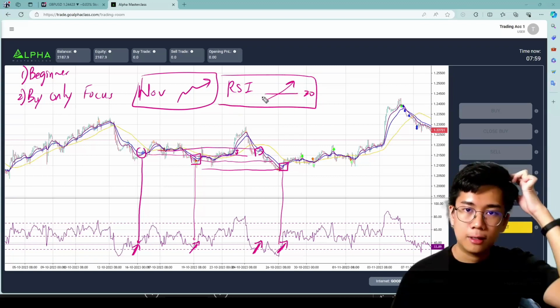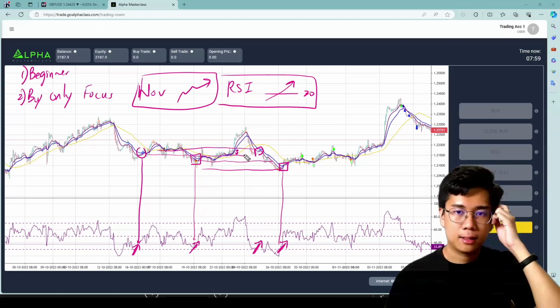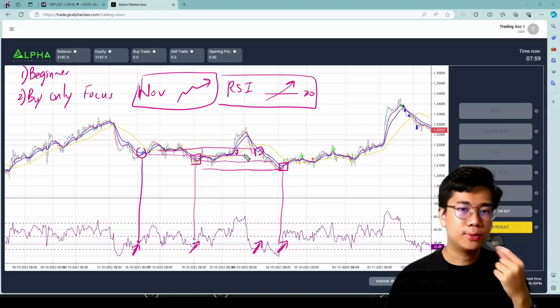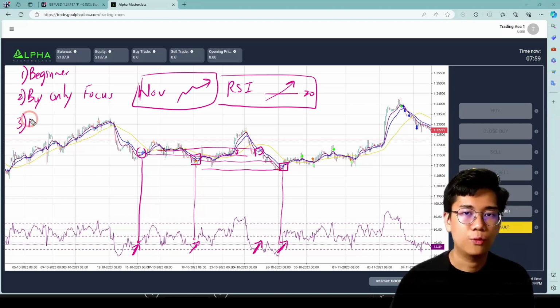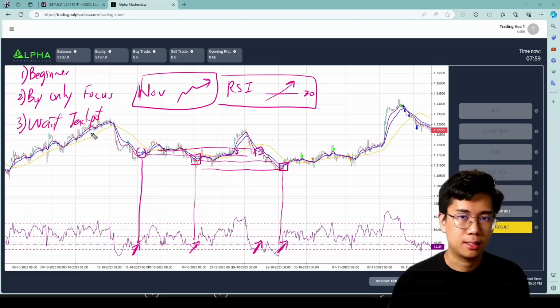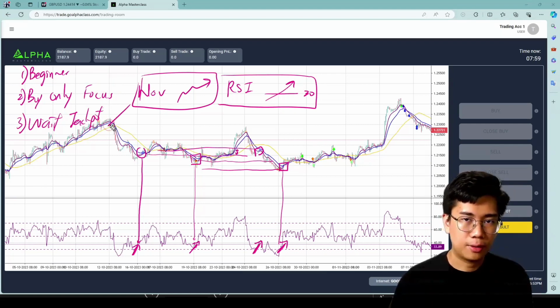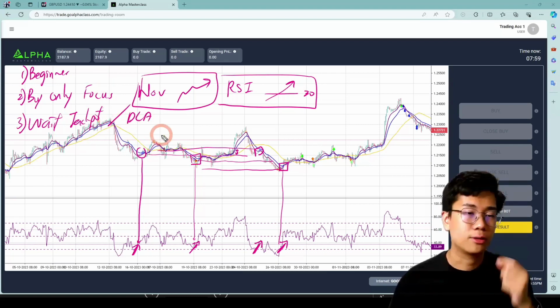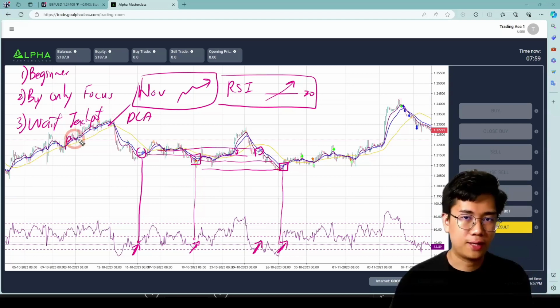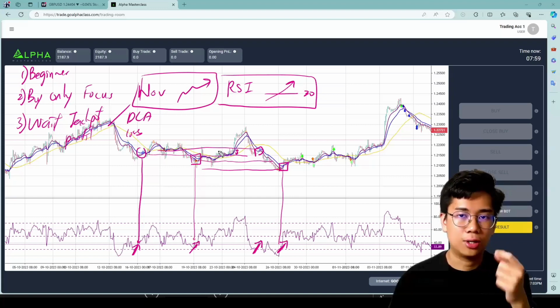The thing that I do next, number three, is wait for the jackpot. So what does jackpot mean? What is called jackpot or DCA? There are two things only: either it is in profit or it's in loss. Now in loss, what I do is I just dollar cost average, right?